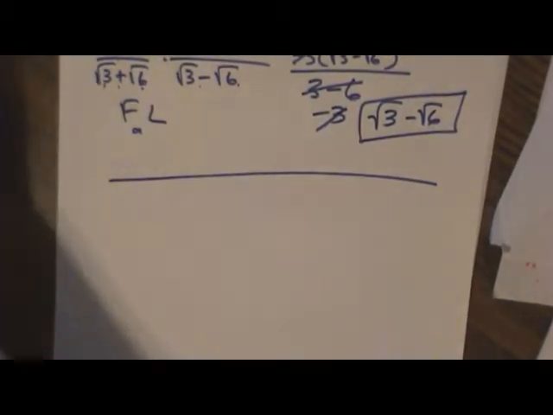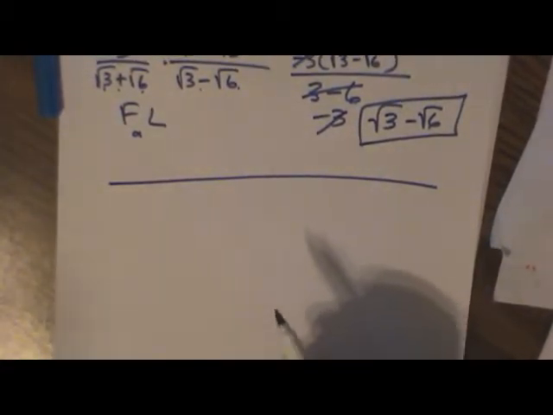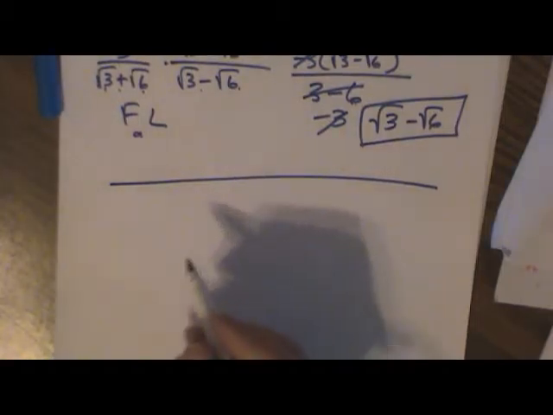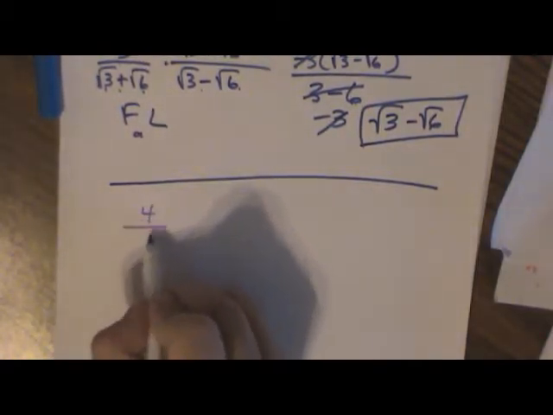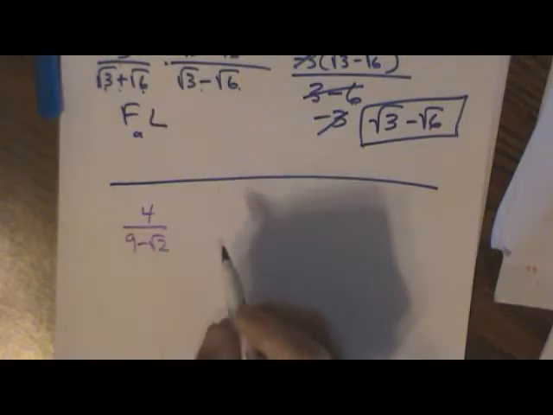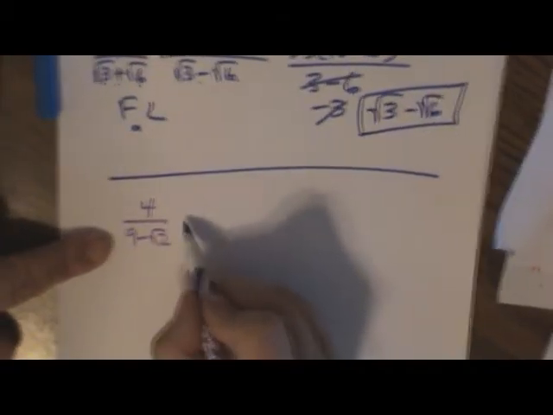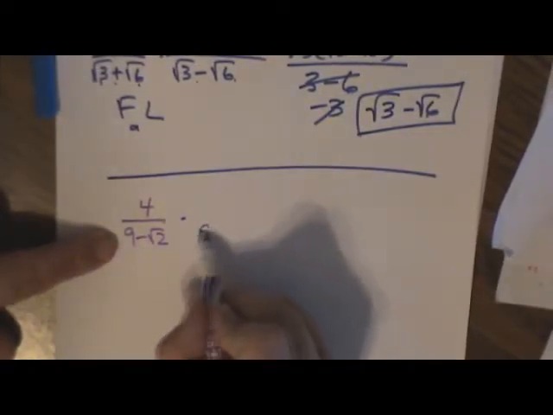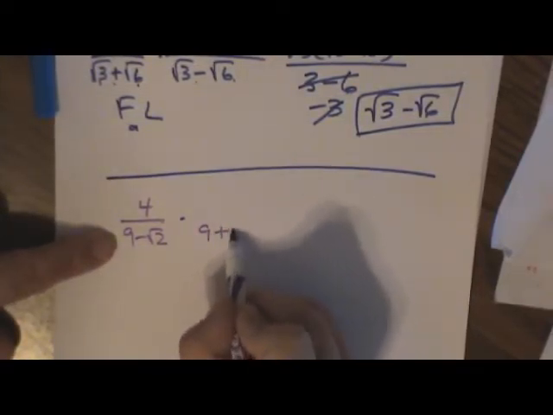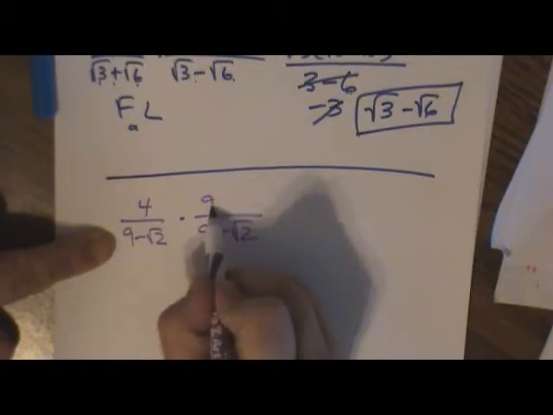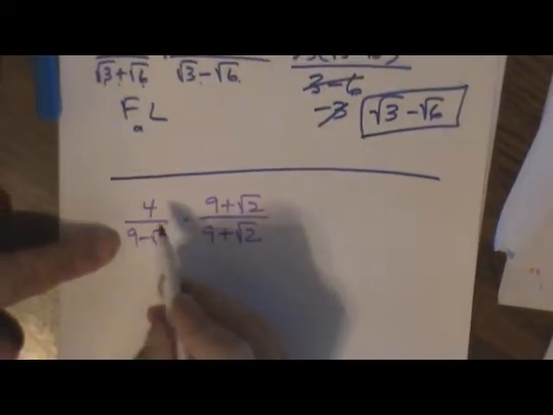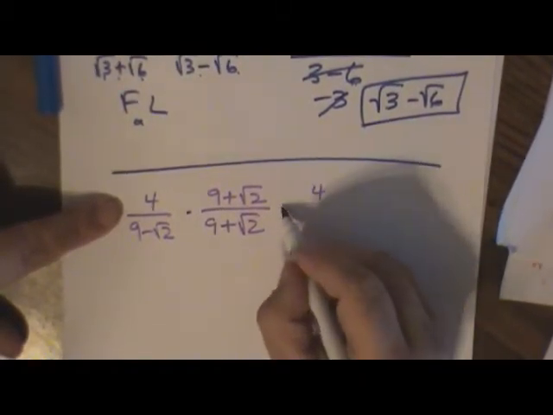Let's do this one. Okay, we need a conjugate of this one as well. So we have to multiply the first one, the sign stays the same, but we change the sign on the second one. Leave the top factored.